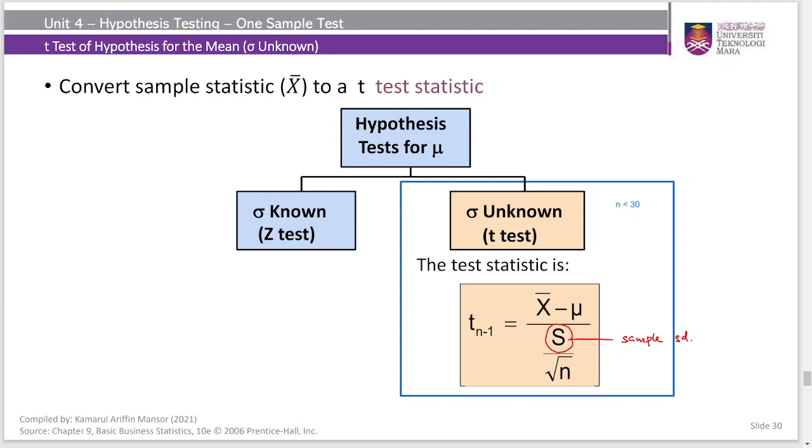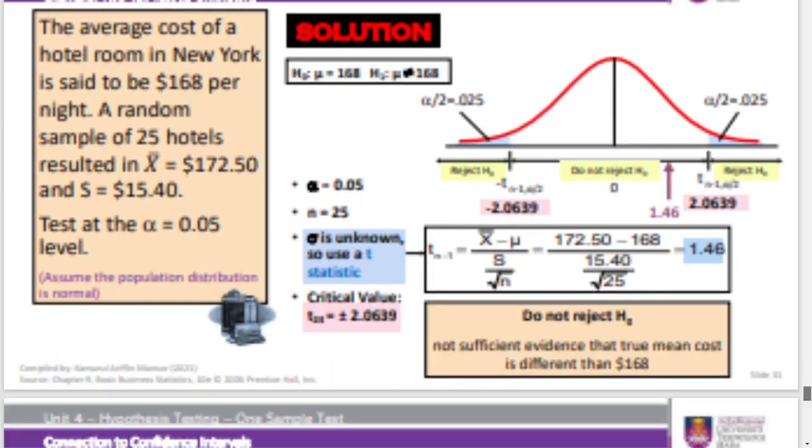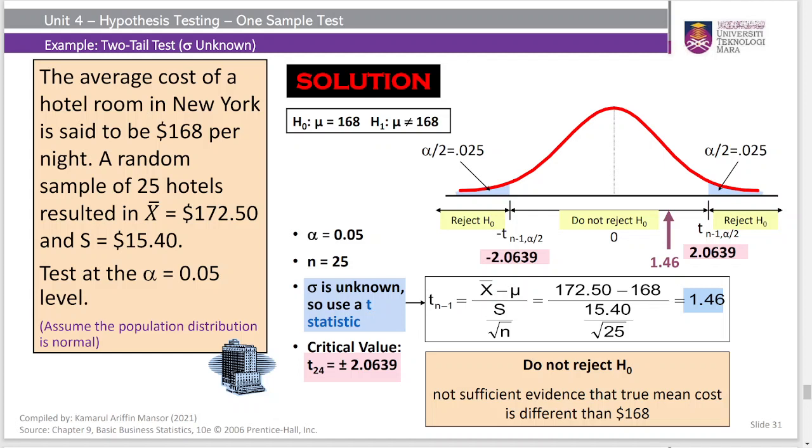Alright, so how are we going to perform this test? Let's see an example. Suppose that we have this kind of problem. The average cost of a hotel room in New York is said to be $168 per night.